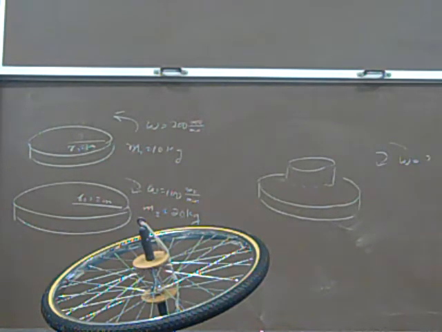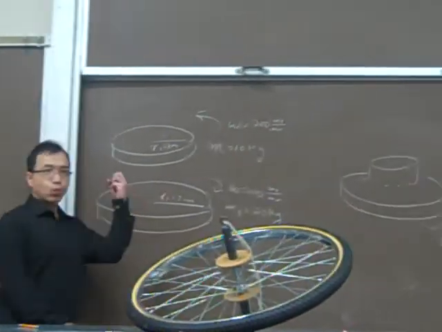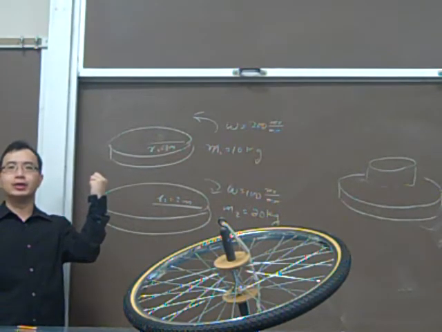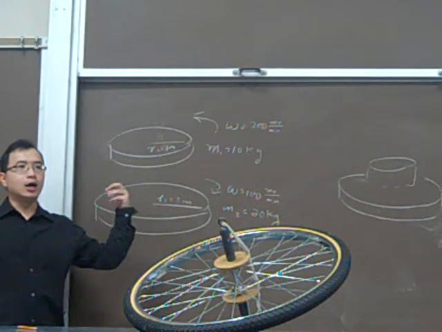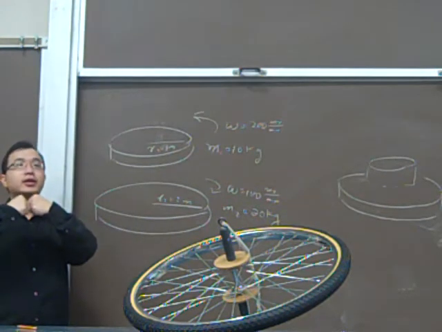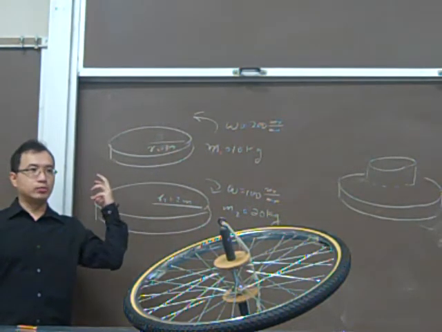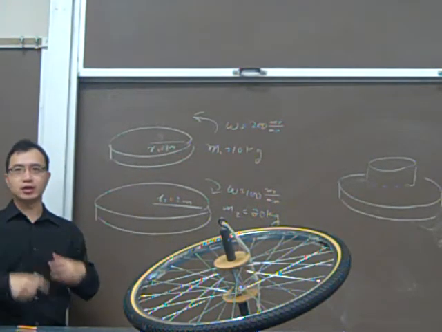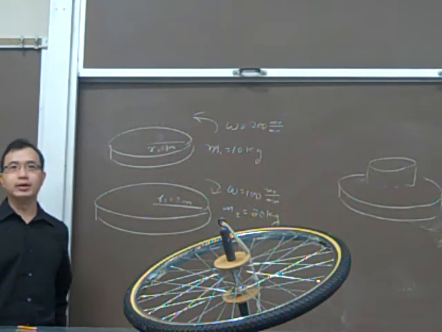The equation you're going to use is the angular momentum conservation. You can compare this with a collision. If you have one object with some momentum and another object with some momentum, and they collide and stick together, the initial momentum 1 plus the initial momentum 2 should give you the final momentum.